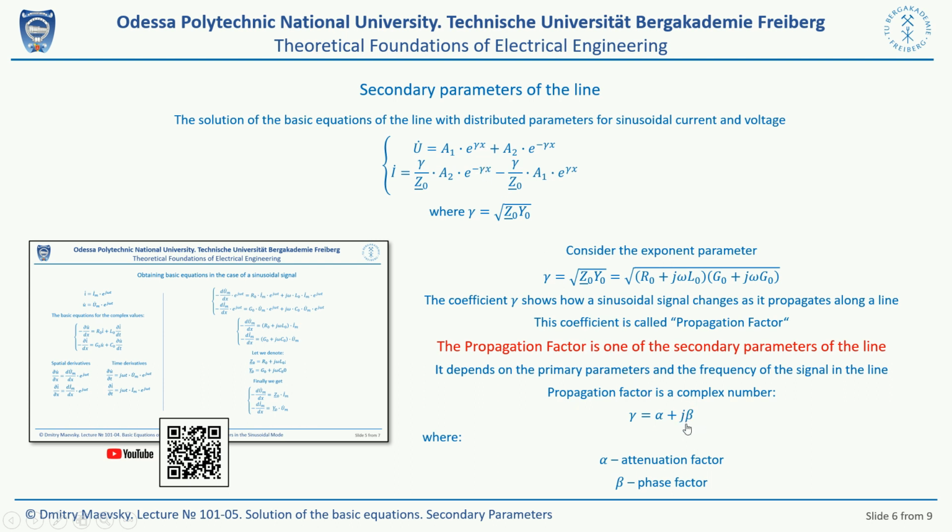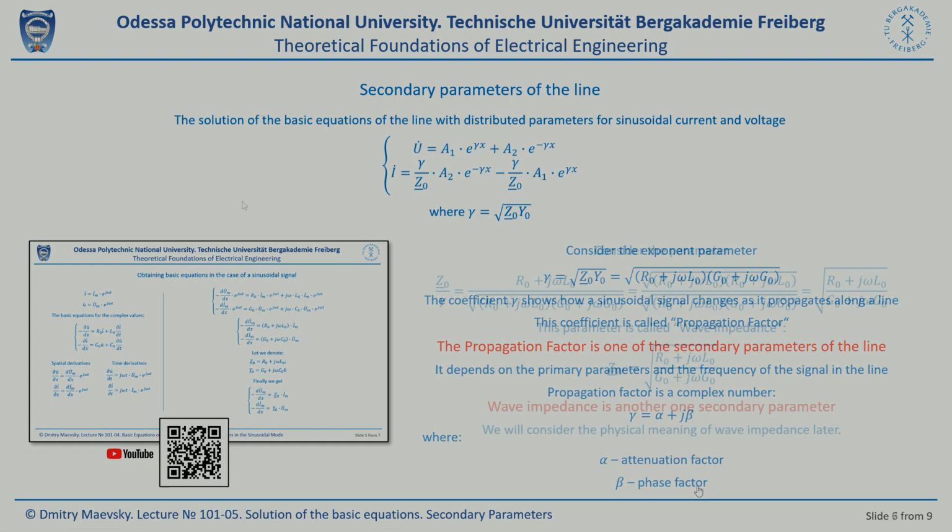The imaginary part of the propagation factor is called the phase coefficient or phase factor. It shows how the initial phase of sinusoidal current and voltage changes as it propagates along the line.